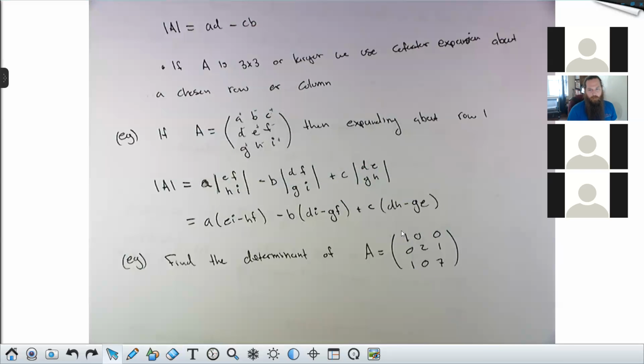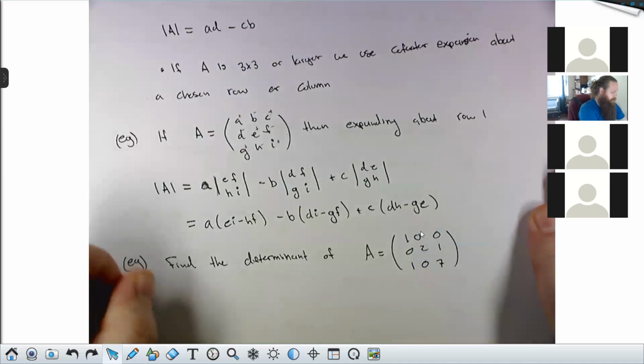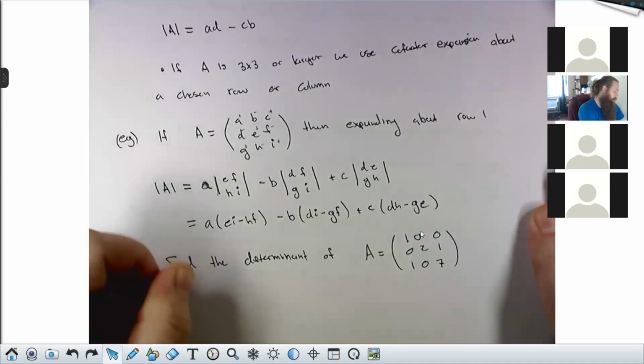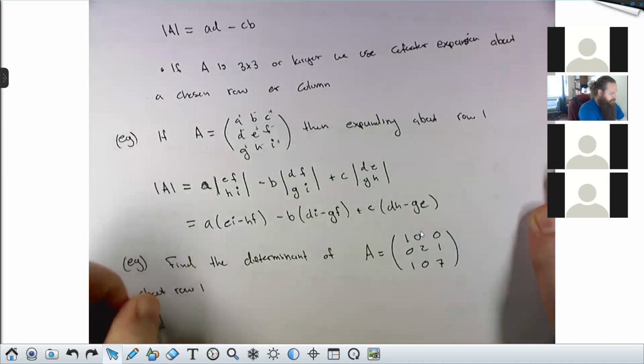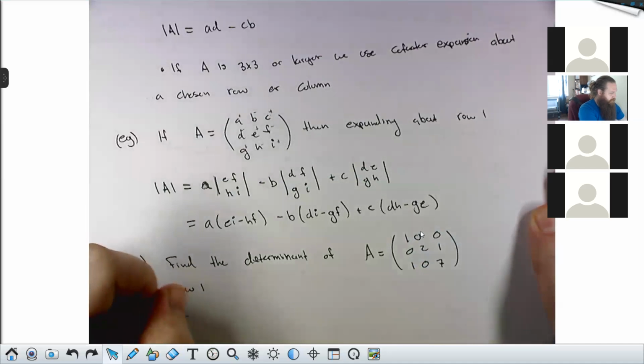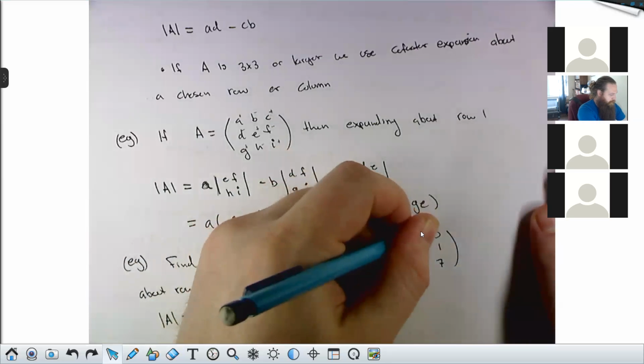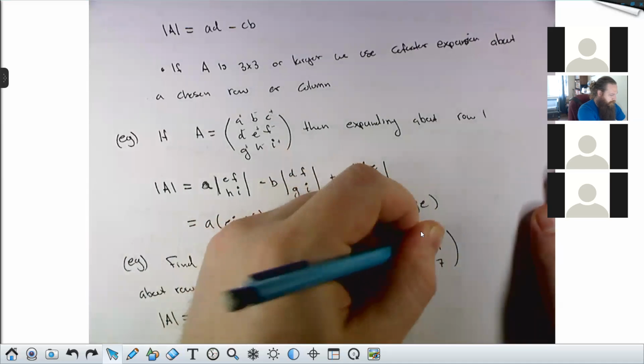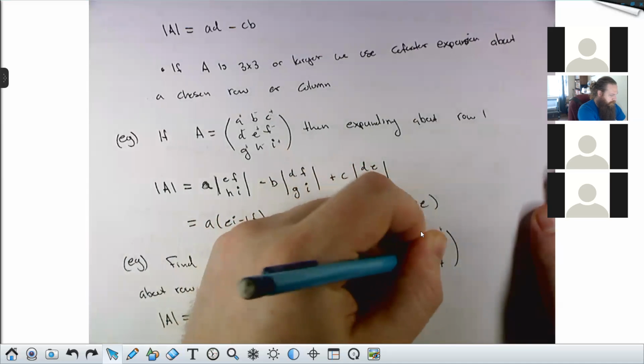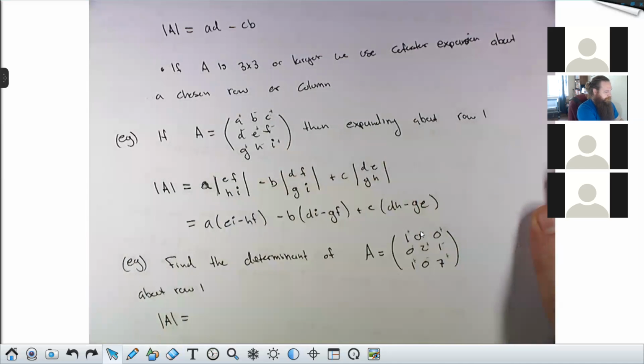So I'm going to do this 2 ways. I'm going to do this by expanding about row 1, and I'm going to do this by expanding about column 2, because each of those objects have 2 zeros in them. So about row 1, we see that the determinant of A, here a little checkerboard pattern of signs, plus, minus, plus, minus, plus, minus, plus, minus, plus.